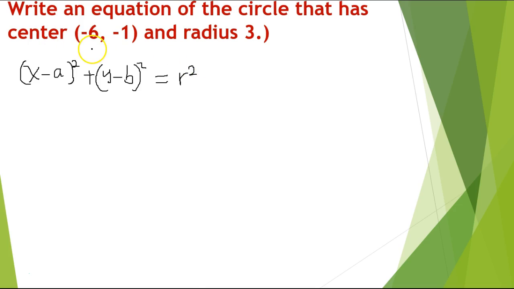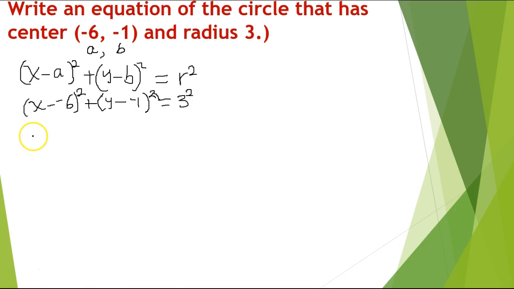So we know that this is our a and this is our b, and we know this is our r. So we plug things in. x minus our a, which is -6, squared, plus y minus, again, our b is -1, squared equals r, which is 3, so 3 squared.